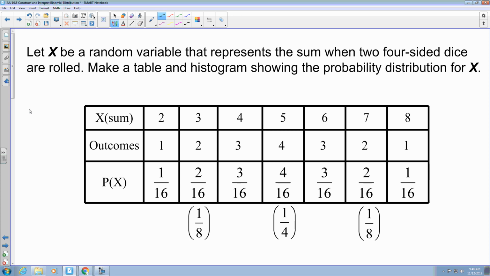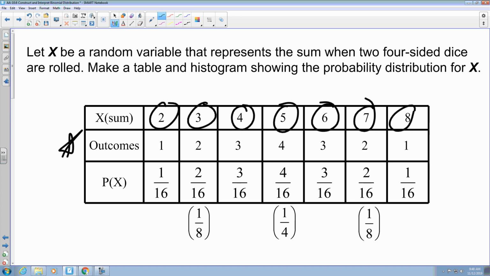So what we have here are all the possible outcomes for rolling two four-sided dice. You can get a sum of 2, 3, 4, 5, 6, 7, or 8. Now the outcomes show the experiment and how many times it was that value.